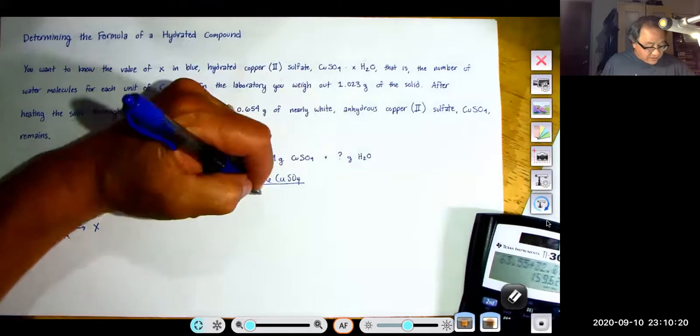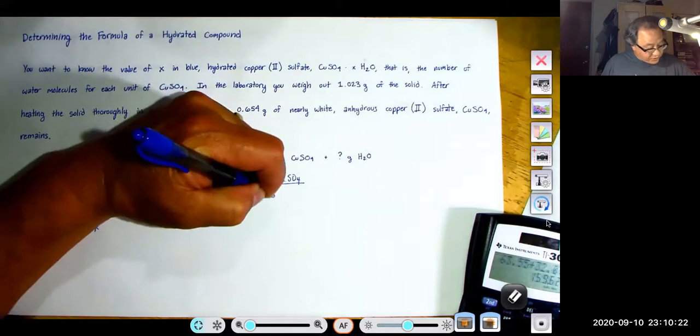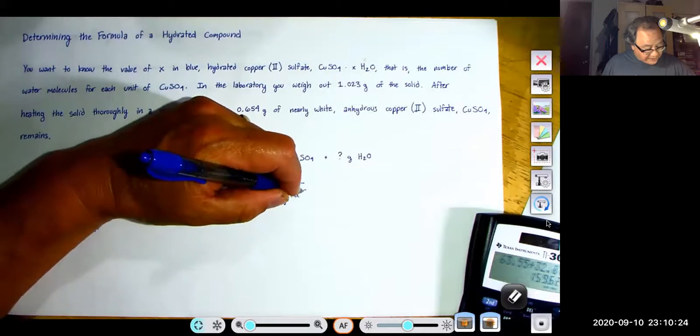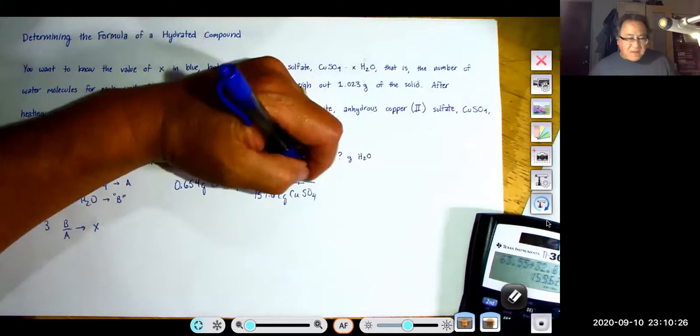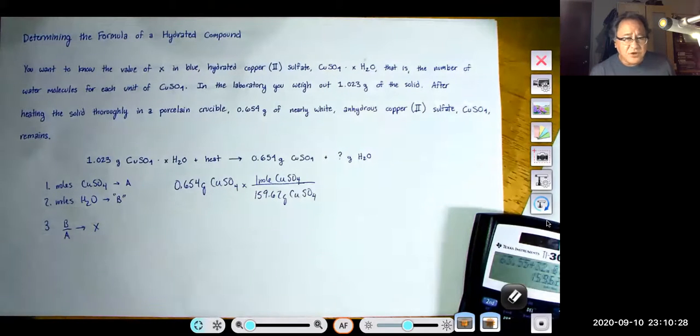So I have 159.62 grams of copper 2 sulfate. Now, why am I calling this copper 2 sulfate when there's no 2 in the formula? The answer is because that's a copper +2 ion, copper 2 sulfate.